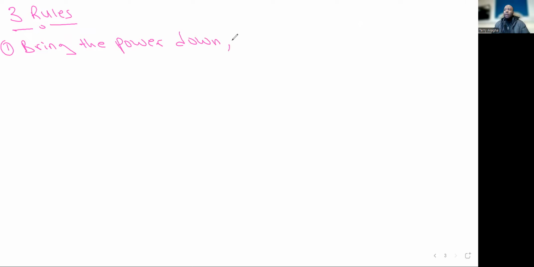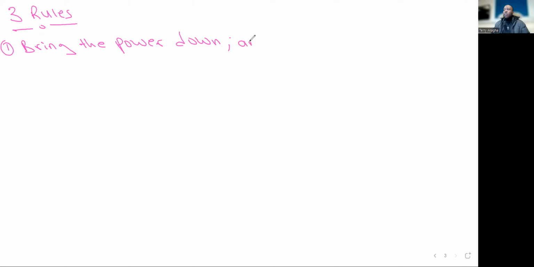Now there are 3 rules or 3 steps. Like I always say, I give the rules or steps so that when you go back to revise your notes, you know how we solved it and you can visualize it better. So the first thing, similarly, you're going to bring down the power, like we did in the last video. But in this case, you're not just going to bring it down.